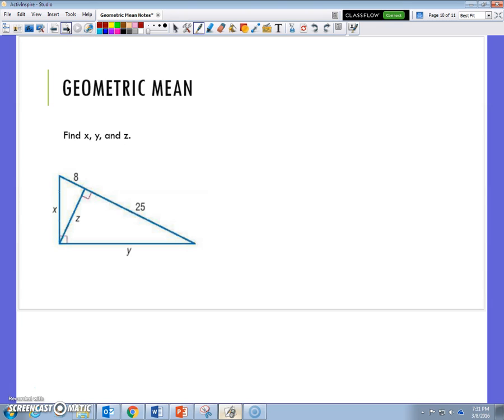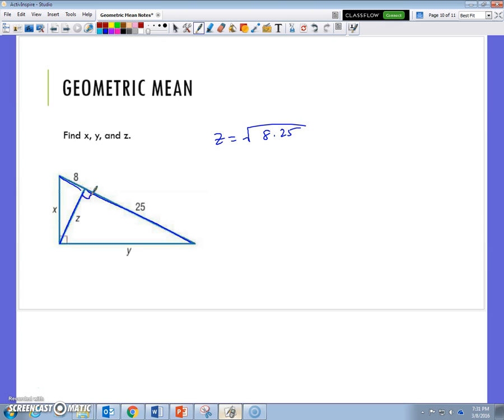What I know first is that I can find z using the altitude theorem. So I know z will equal the square root of 8 times 25. Okay. 8 and 25, the altitude, it's a 90-degree angle. I know for sure that I started with a 90-degree angle. I made that altitude. The geometric mean of 8 and 25 is the length of z.